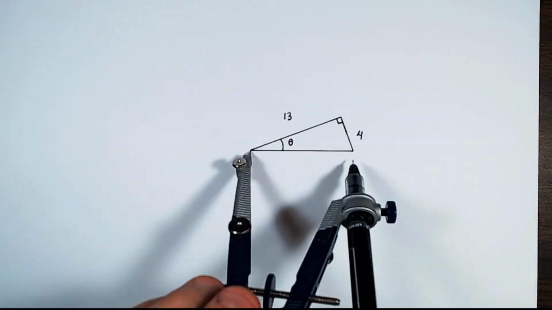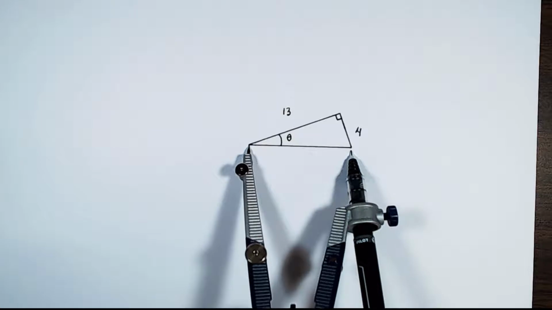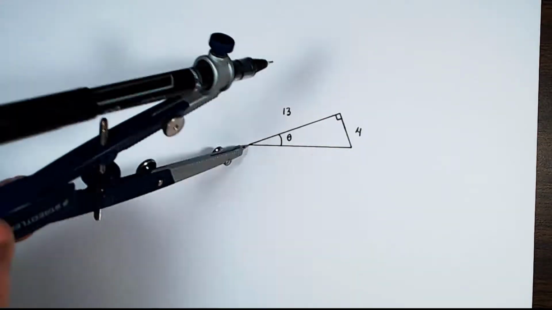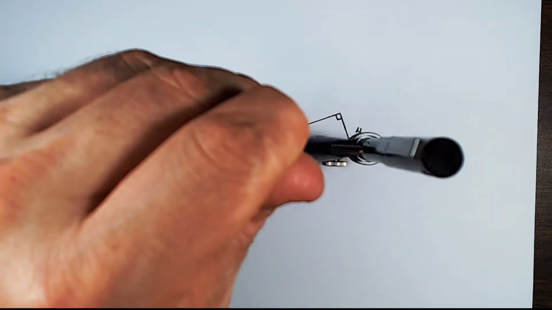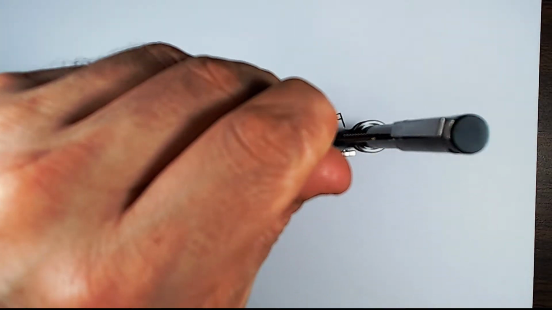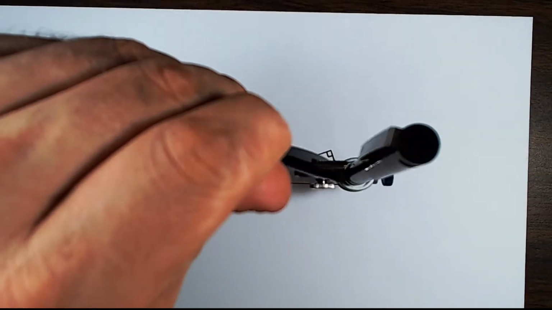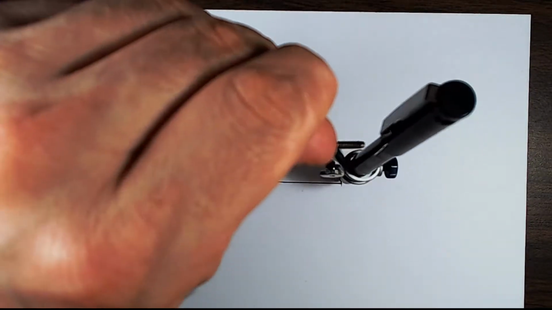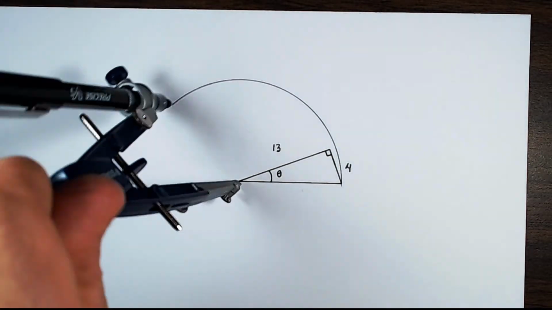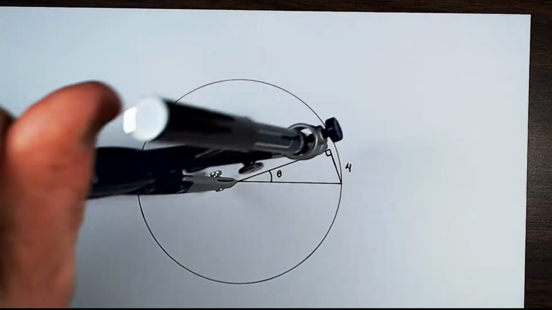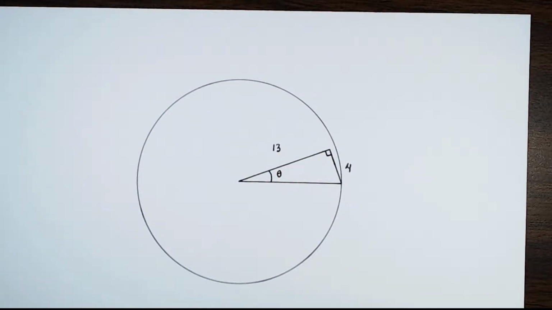So in this case, I'm going to put the pointy end right there, and then inscribe a full circle all the way around, just like that.